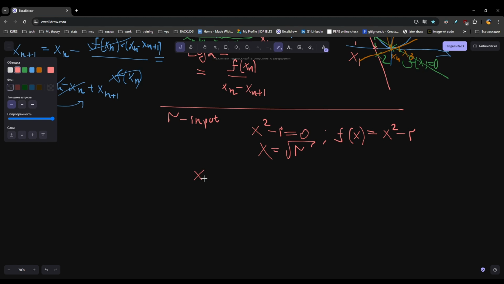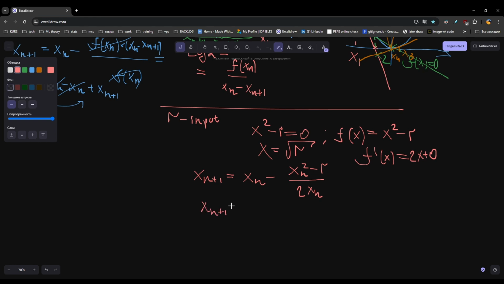So this would mean that the next point equals the current point minus the value of the function in this current point divided by the first order derivative in this point, which will equal 2 multiplied by x of n. So the first order derivative is 2x plus 0 because the input number is a constant.